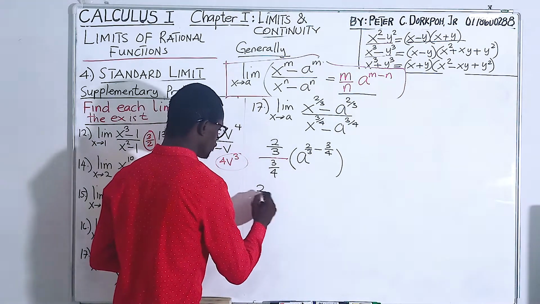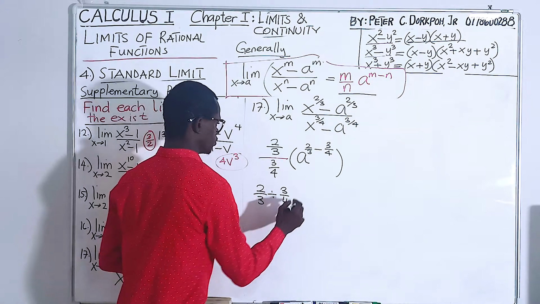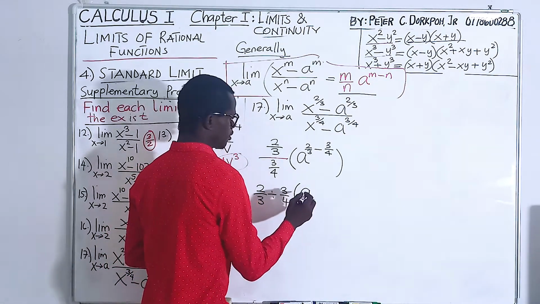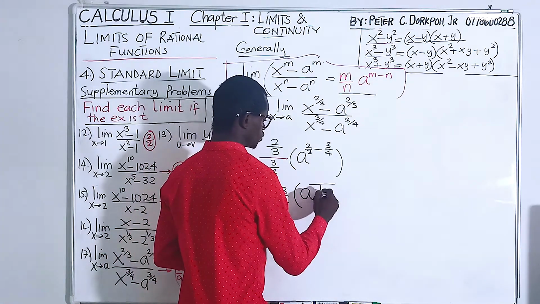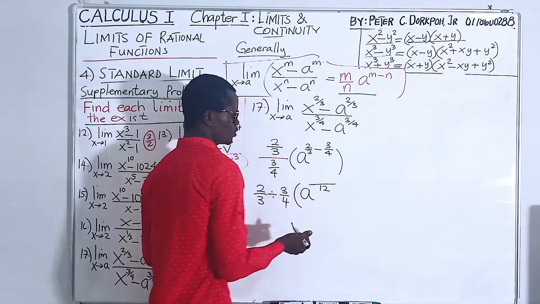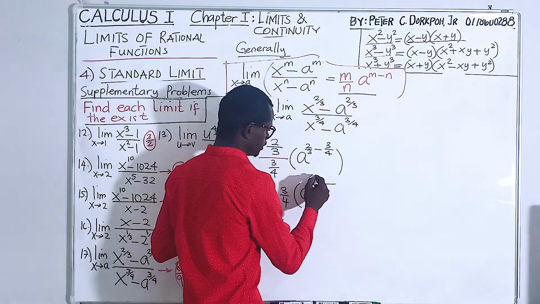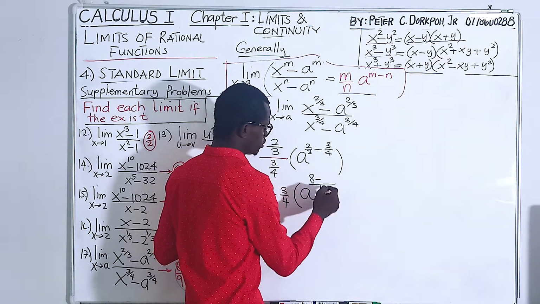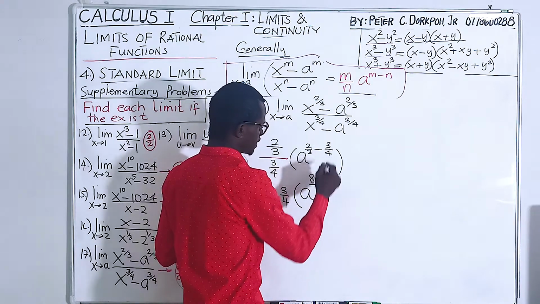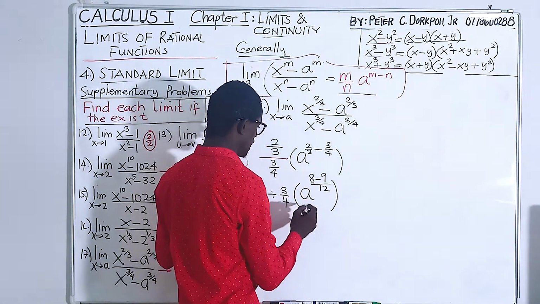So this is 2 over 3 divided by 3 over 4 times a raised to the power, now the LCD for that is 12. 3 into 12, it goes there. 4 times 2 is now 8. 4 into 12 goes there. 3 times 3 is 9. Right?